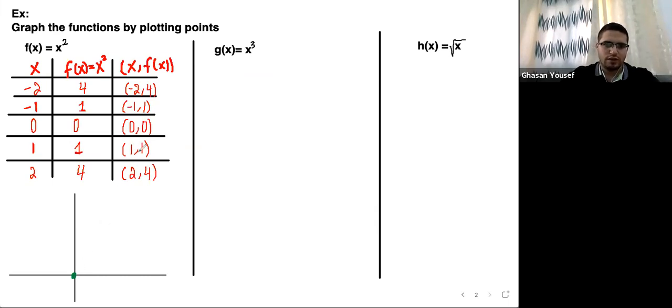Second point is 1 and 1. Here's my 1 and 1.